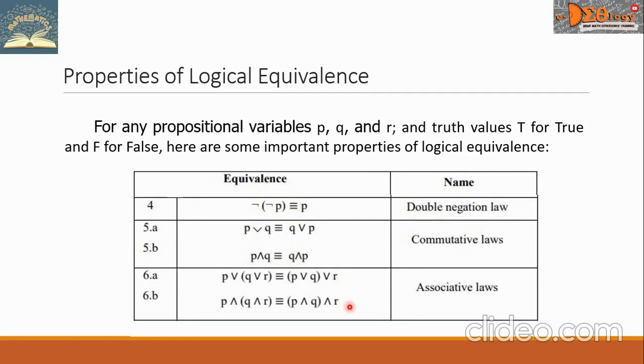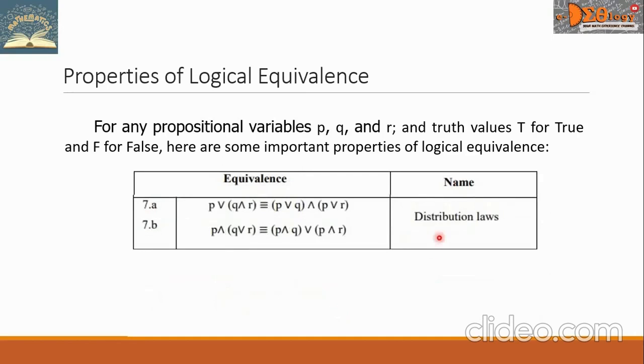We have two parts also. 6.a, P or the compound proposition Q or R is logically equivalent to the compound proposition P or Q or R. 6.b, P and the compound proposition Q and R is logically equivalent to the compound proposition P and Q and R.